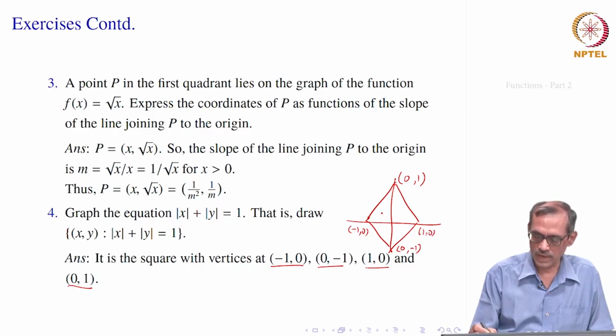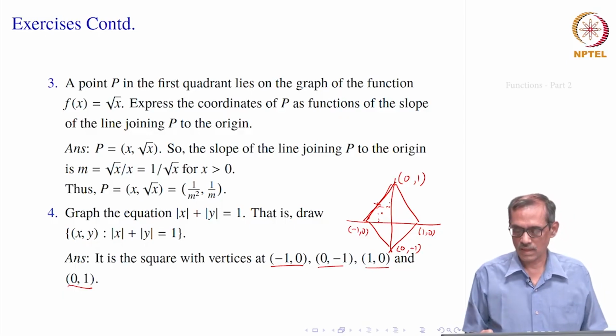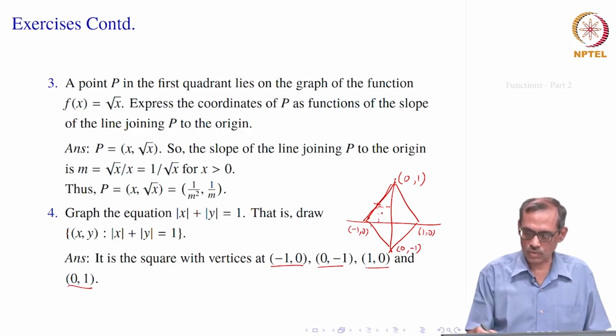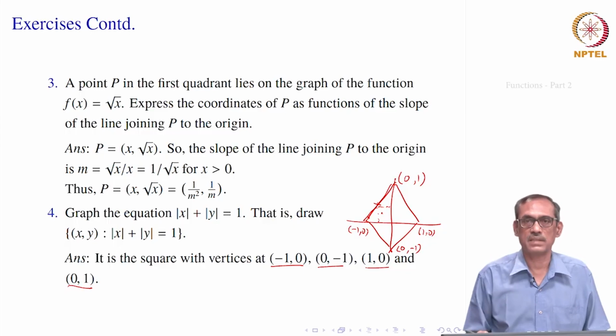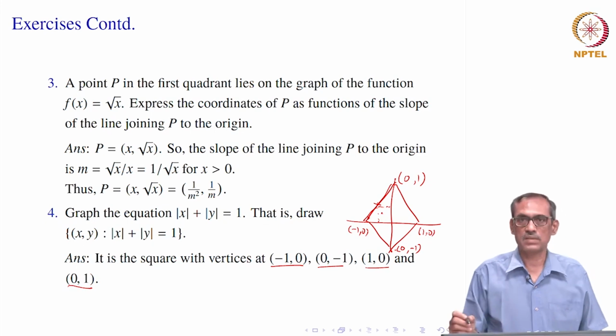But if you take any point on this straight line, that again satisfies mod x plus mod y equal to 1. That is what it is. So, it is really the square joining these vertices. These 4 points are the vertices of this square. Okay. So, let us stop here.